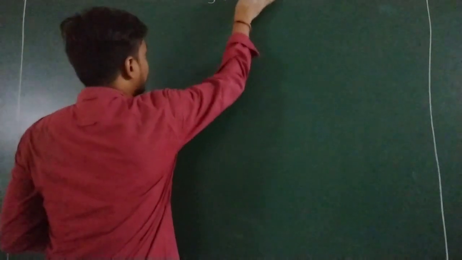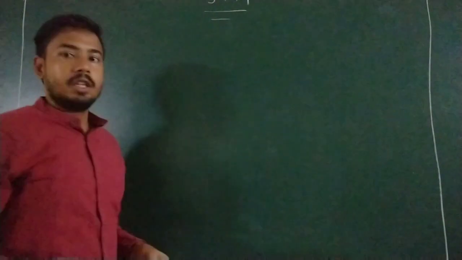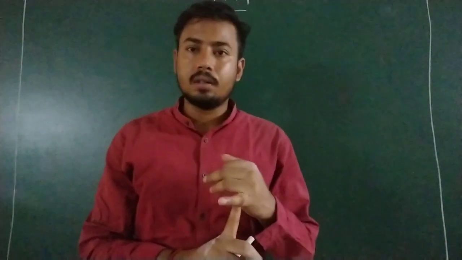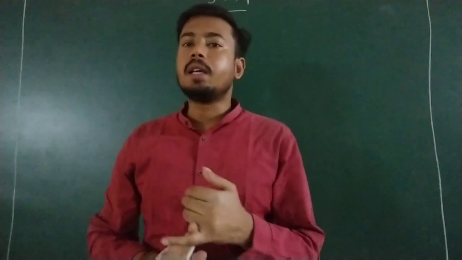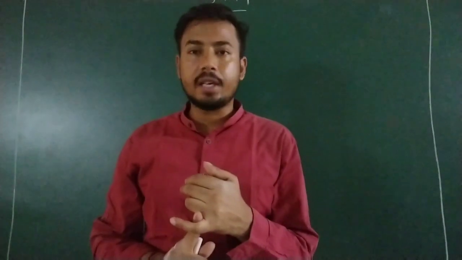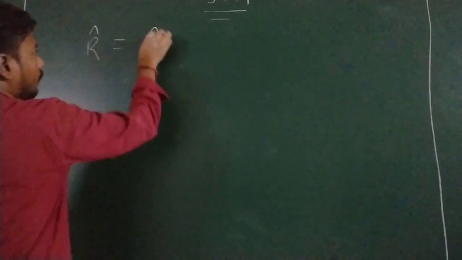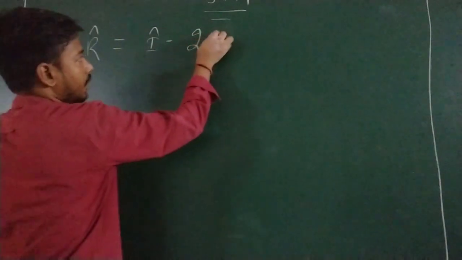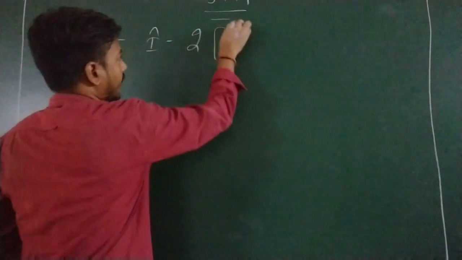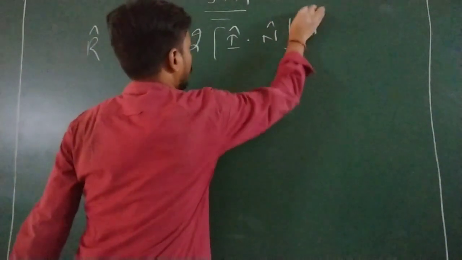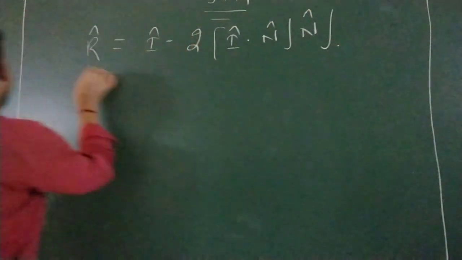If you summarize the concept, first of all we have to understand vectors, or you can say the law of reflection in vector form. In that case we got r cap is equal to i cap minus 2 times i cap dot n cap into n cap.